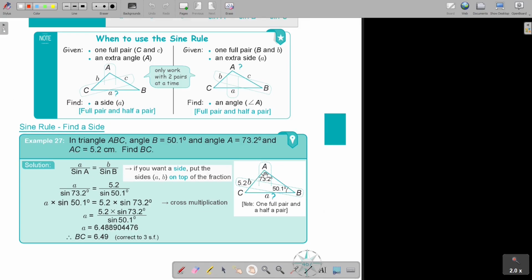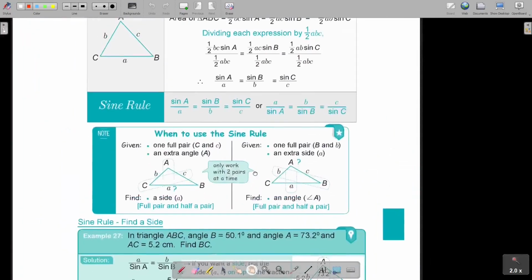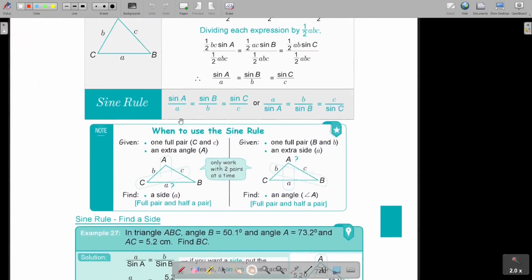You're going to work with A, and you're going to work with B, but you're going to leave C. The formula of the sine rule, you can either put the angles on top and the sides at the bottom, or the sides on top and the angles at the bottom. The one with the angles is always sin A, sin B, sin C, but you only work with 2 of those sets.